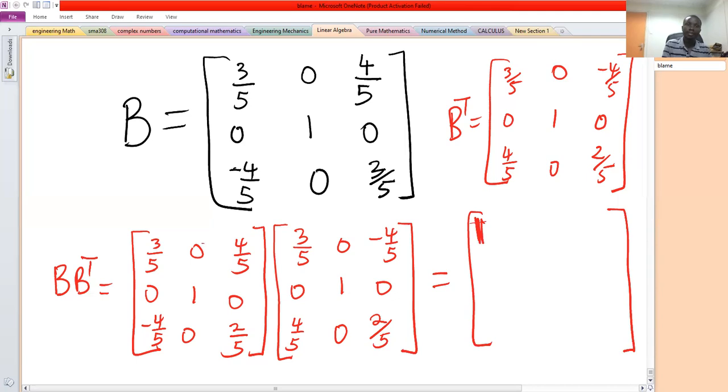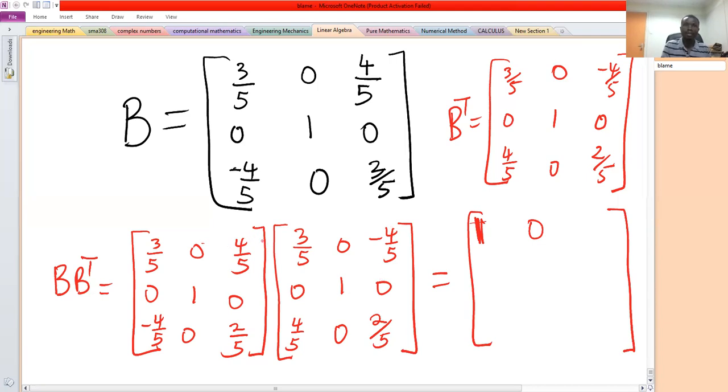And then 3 over 5 times 0 is 0, 0 times 1 is 0, 4 over 5 times 0 is 0. So 3 zeros added together, we get 0. 3 over 5 times minus 4 over 5, we get minus 12 over 25. 0 times 0 is 0.